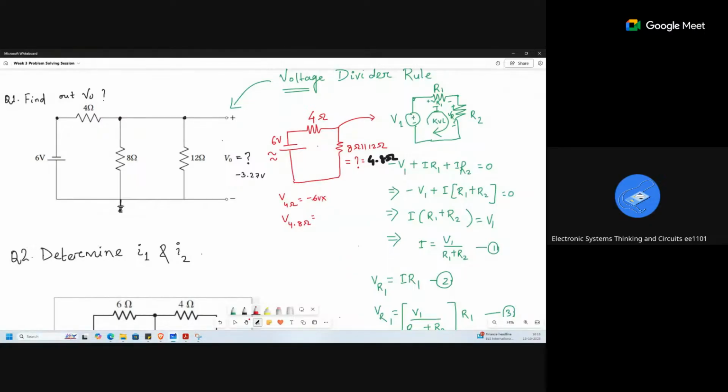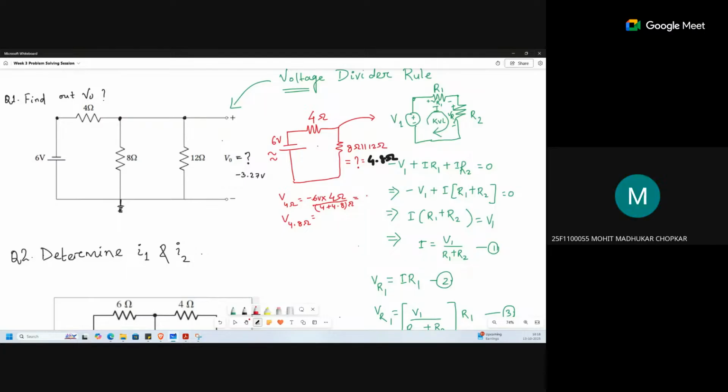Minus 6 volt multiplied with, I'm going to calculate the voltage across 4 ohm, so that resistance I have to multiply, divided by total resistance, 4 plus 4.8 ohm. Then how much is it giving? 2.8. Yes.